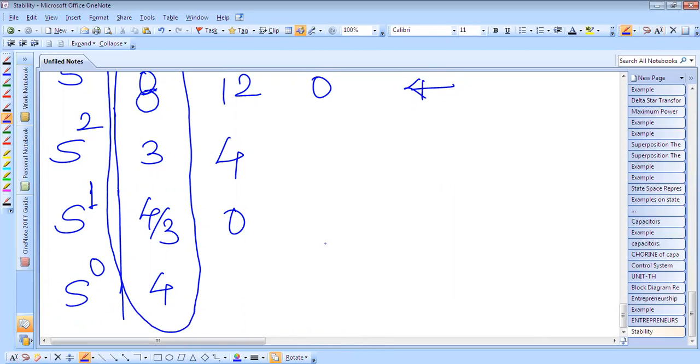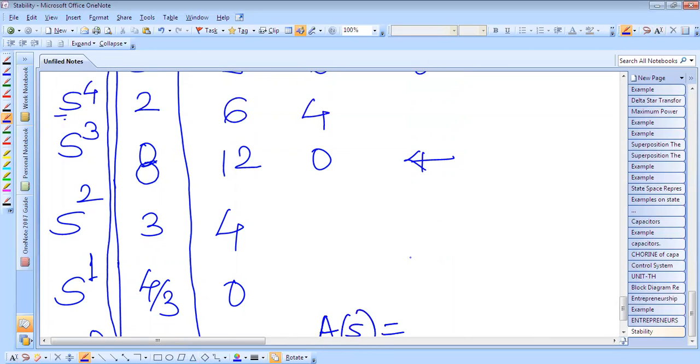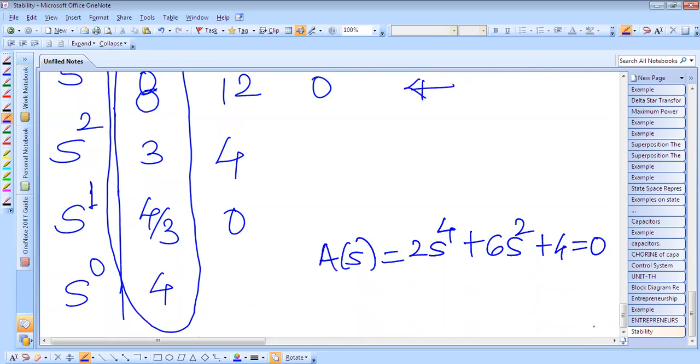Auxiliary equation is A of s is equal to 2s raised to power 4 plus 6s square plus 4. This equation we have got as the auxiliary equation, and now we have to find the roots of this equation.